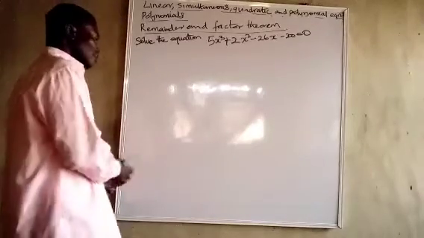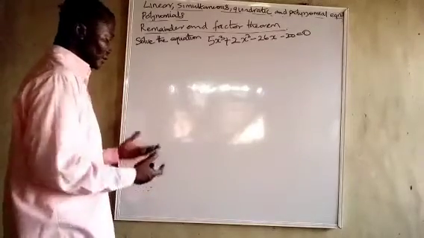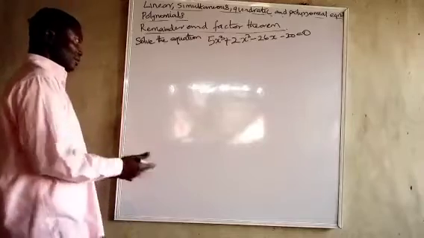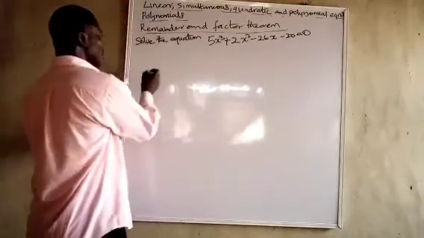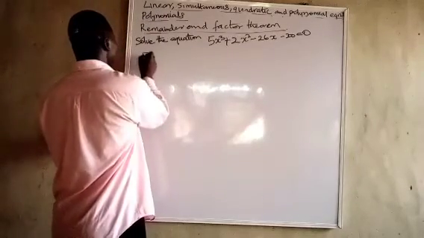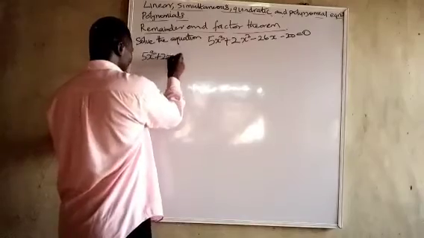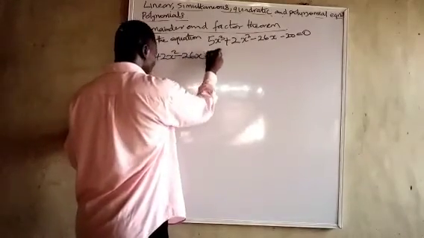Once you try one figure and it doesn't give you the answer you are looking for, you try another one. So let's nest this. You can say 5x cubed plus 2x squared minus 26x minus 20.